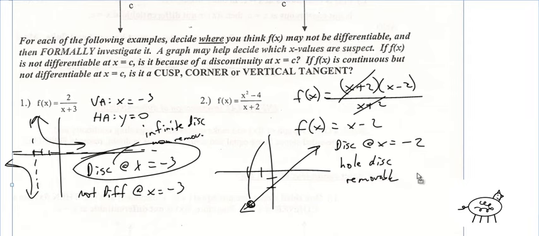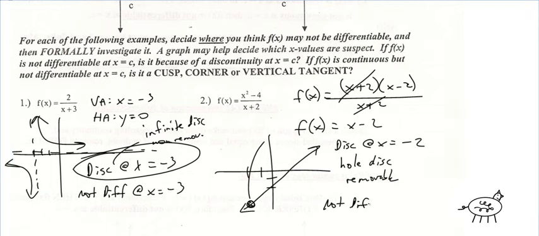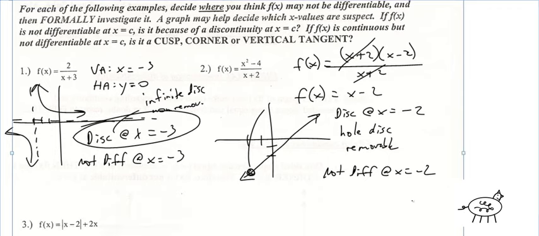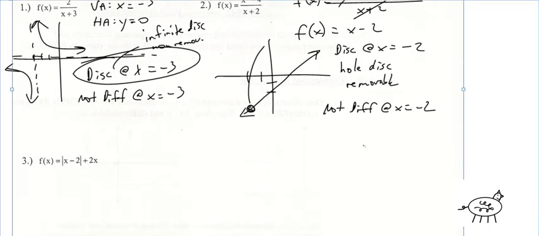Okay, but since it is discontinuous there, it is not differentiable at x equals -2. Okay, those are pretty easy. Those are really about drawing a good graph. That's what I'm looking for. Obviously, number 2, cancel some things out and see what's going on because you have a hole there.